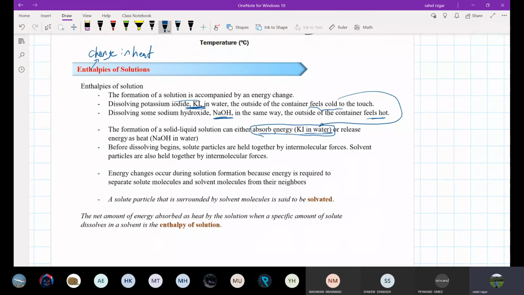Or the formation of a solid liquid solution can release energy, like NaOH in water. So if it releases energy, it means that it feels hot.